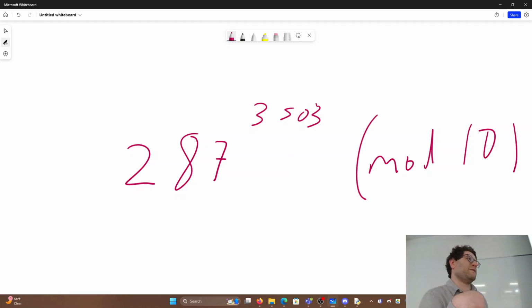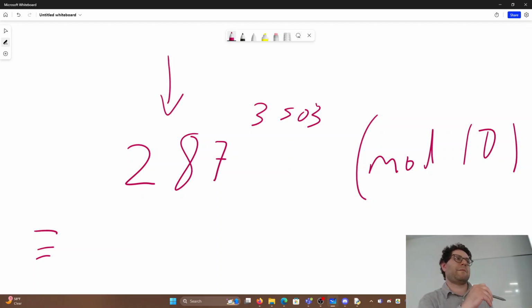So how can we simplify this? What's the first step? Can we calculate anything over here mod 10? Remember, we can do this congruence wherever. So what about 287?